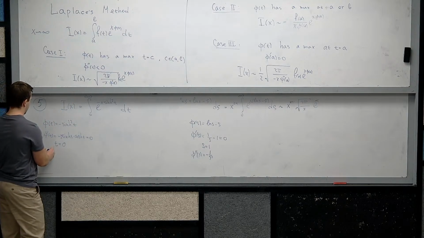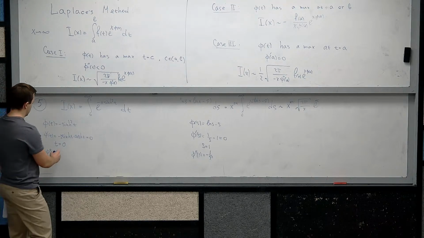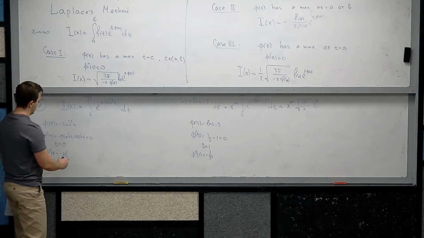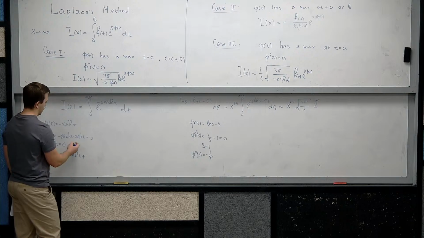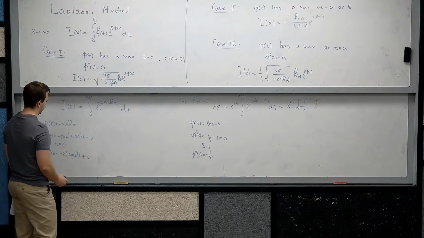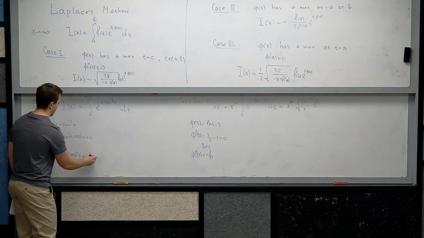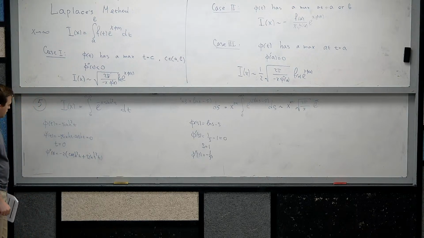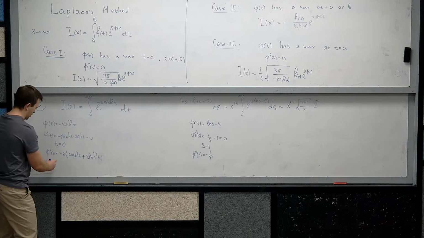So phi double prime of t is −2 (cosh²(t) + sinh²(t)), and at this point it's −2.